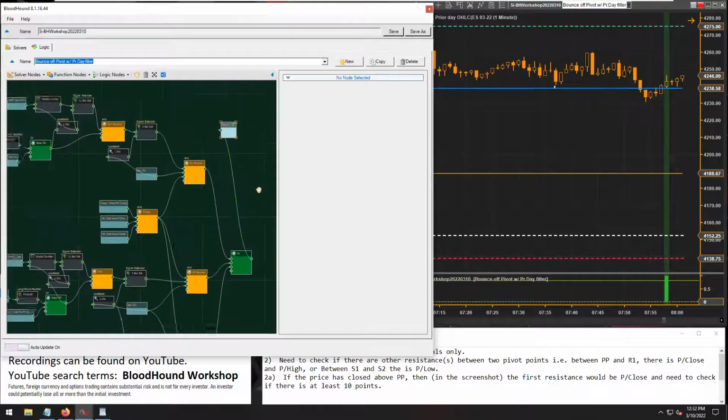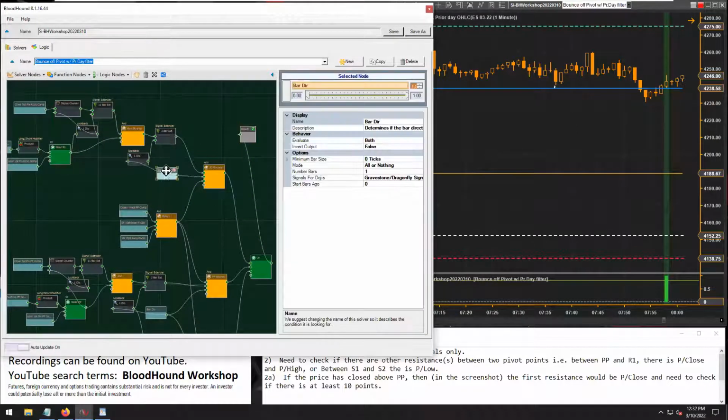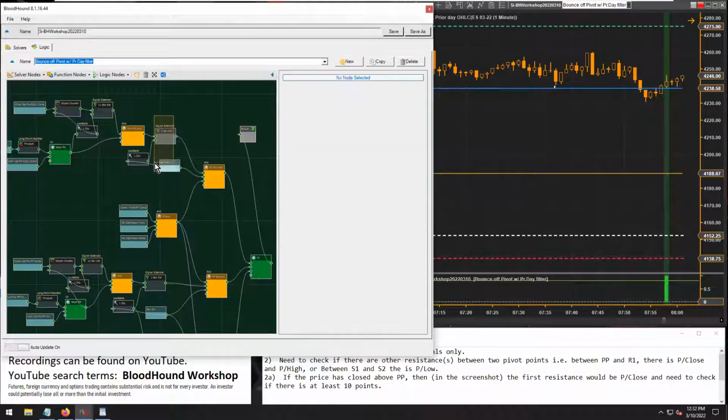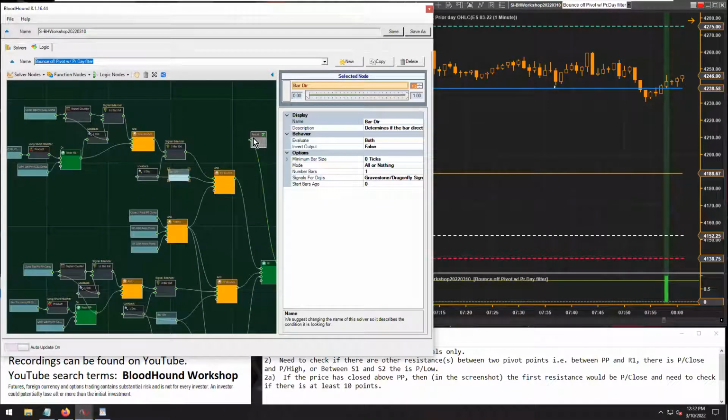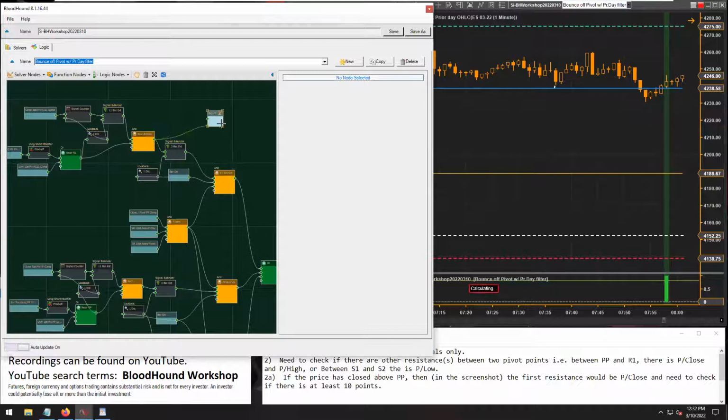So that's going to be up here. Let's see. So coming out of that AND node. All right. So there's our touch. And then our signal extender.